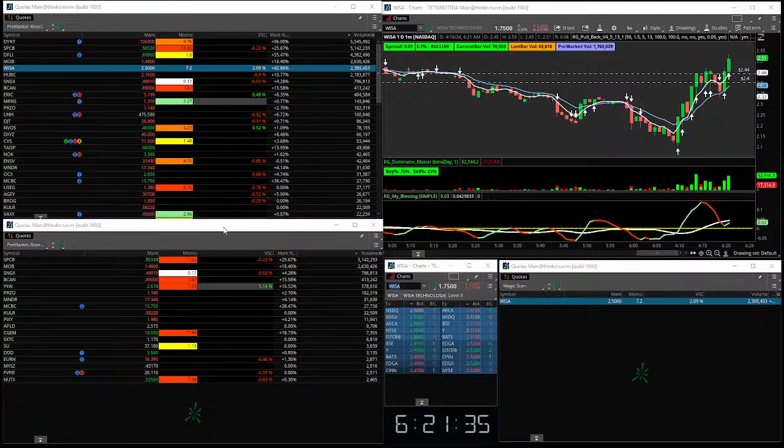WISA making another run for it. My blessing indicator looks good. It's above yellow. Both of them pointing kind of north.